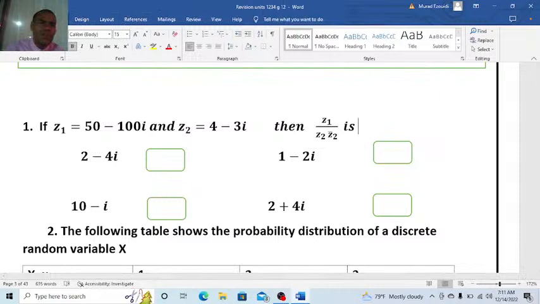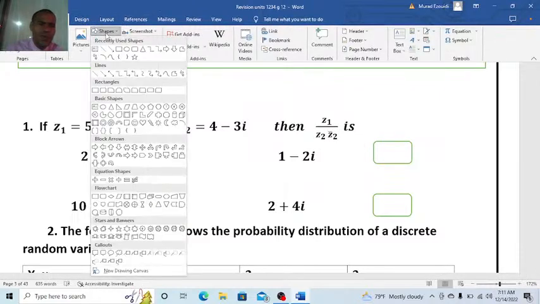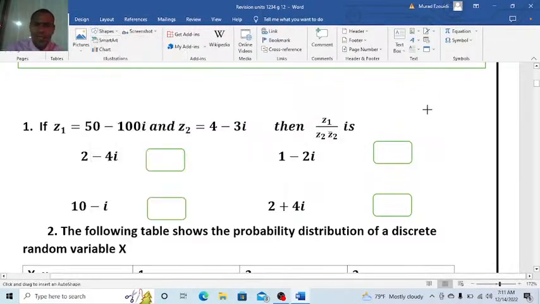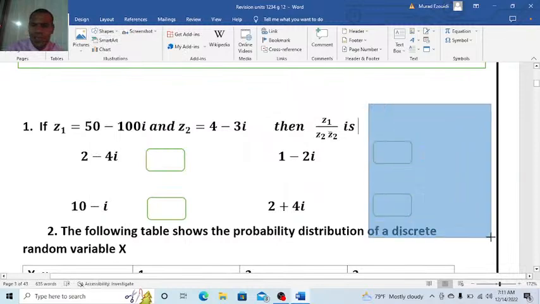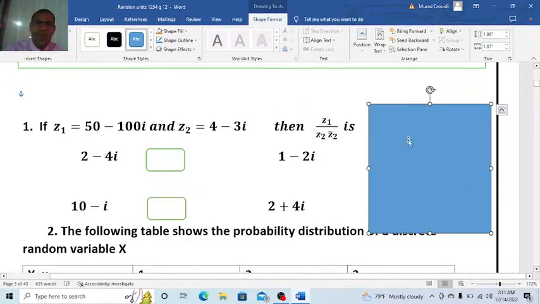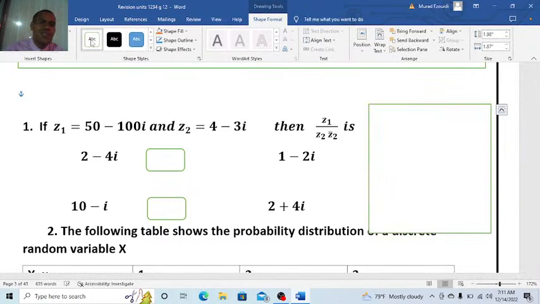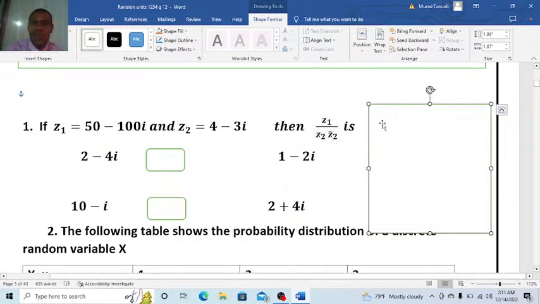With practice you will see that the product of a complex number and its conjugate is the real part squared plus the imaginary part squared.